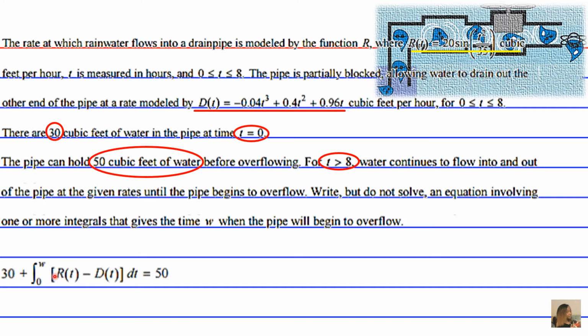You can let that be your overflow point. And the lower limit would have to be time 0. You can't start at a time less than 0. Well, you can. I just don't know how to think of it or express it at the current moment, but I'm sure there's someone out there who does. Okay?